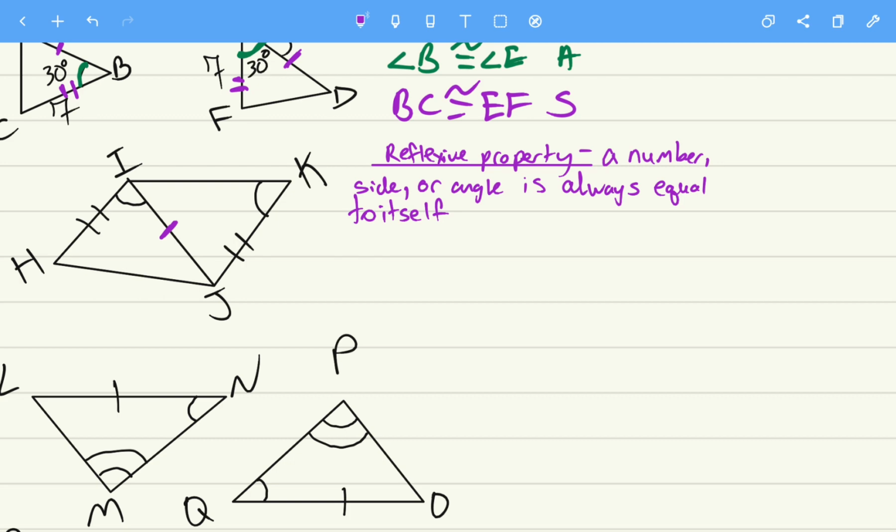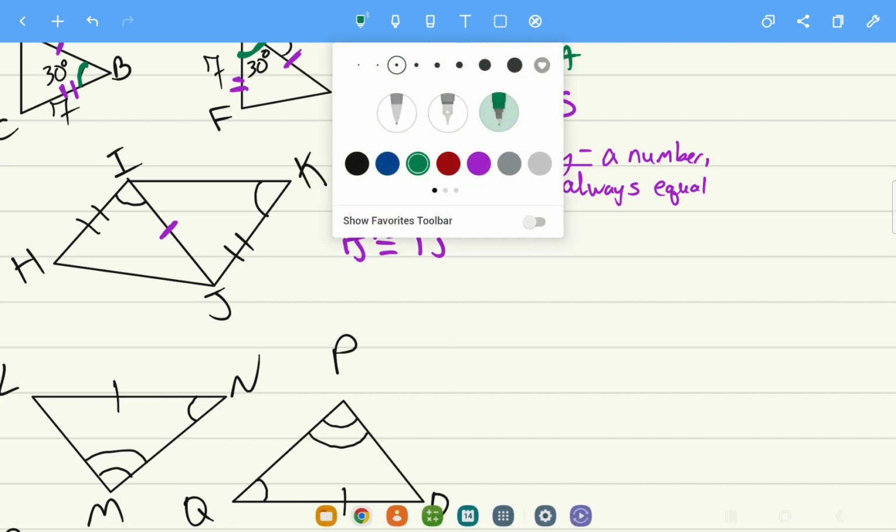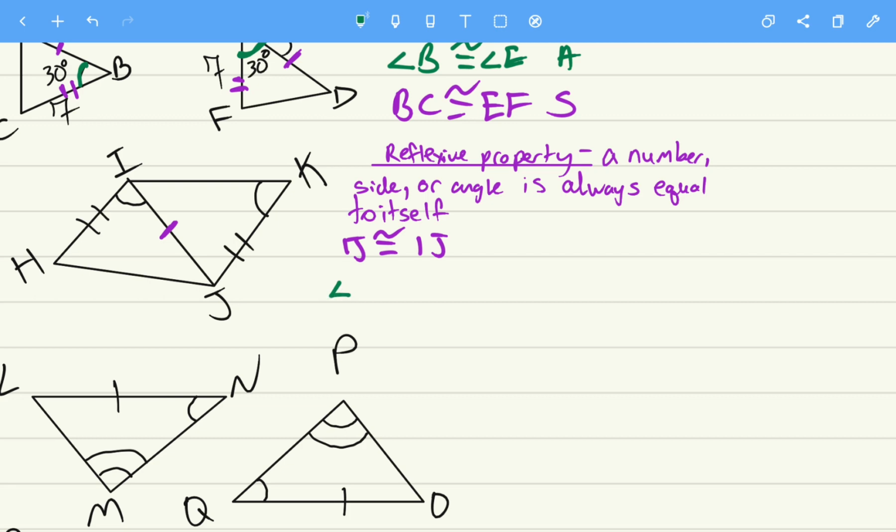So now notice here we have side IJ as being congruent with side IJ. We have angle HIJ, because there are 2 angle I's. But let's come back to that one. We also have side IH, or HI, is congruent with side JK.